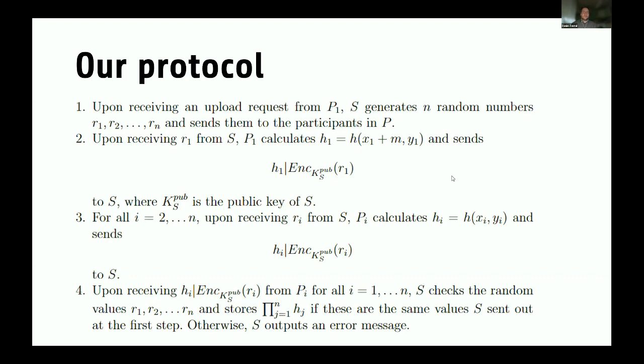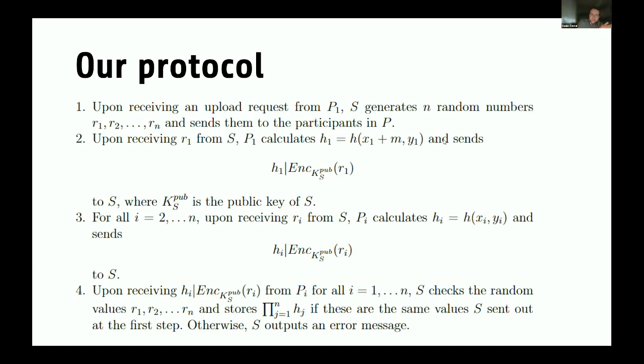And all other participants, they don't have this value M. They just hash their X and Y values together and send this Hi, which equals H of Xi, Yi, to the server together with the random value they received.